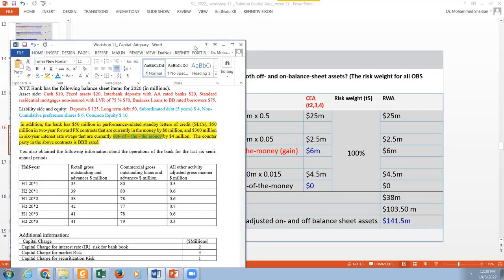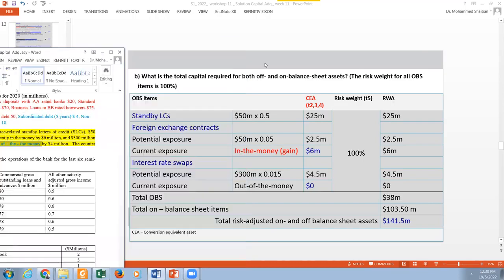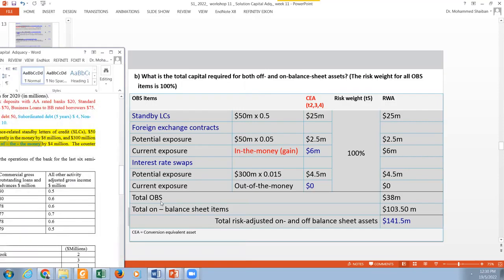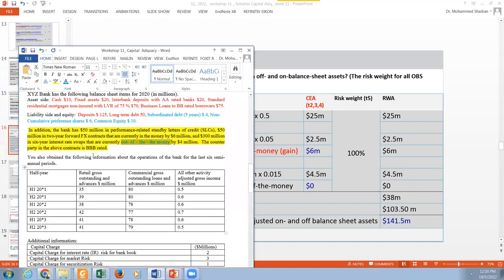Just one more thing to do now that I finished this issue, which is the most technical one. I need to get the risk weights. And when I give the risk weights, I will tell you who is the counterparty on those contracts. Fortunately, in this problem, there is one party we are dealing with, or maybe many parties, but all of them are actually rated BBB.